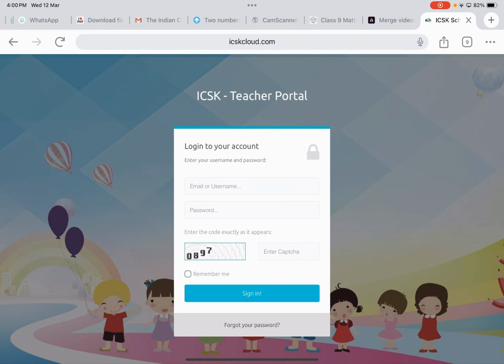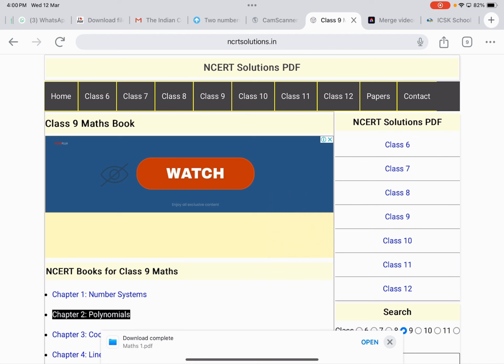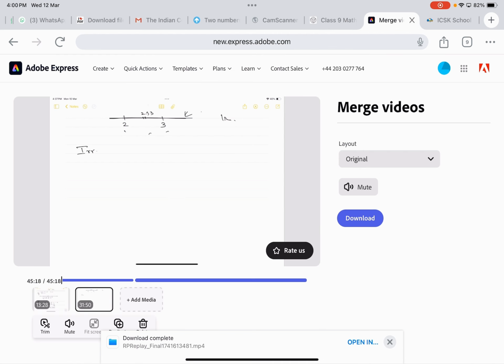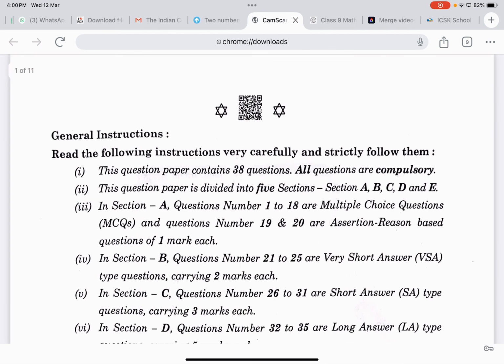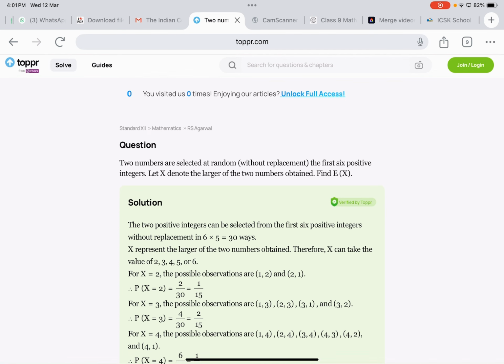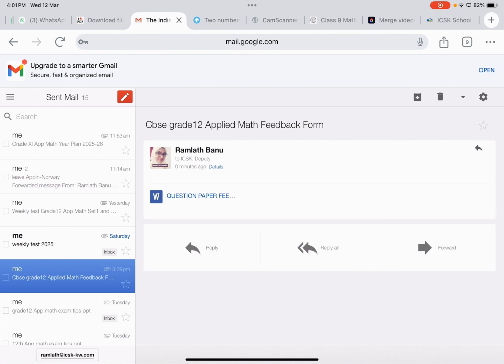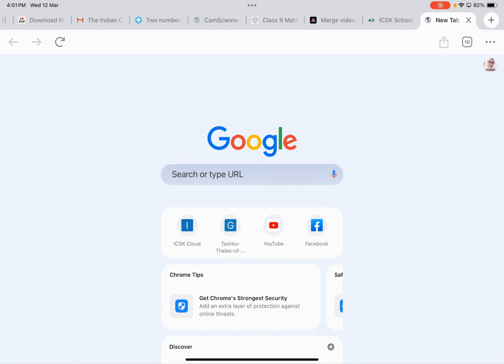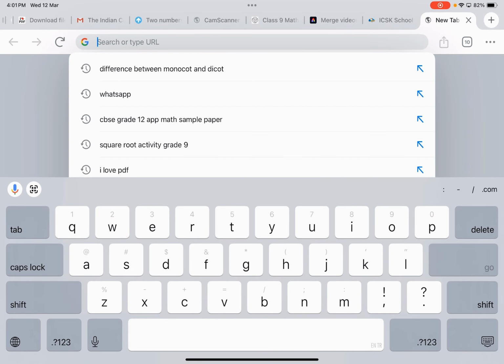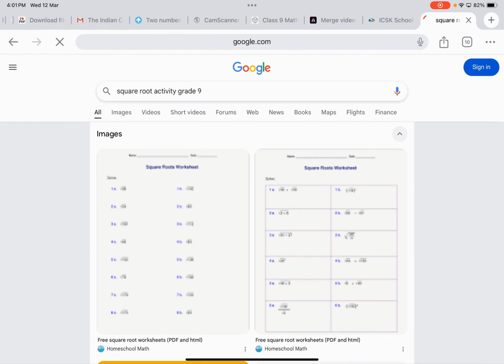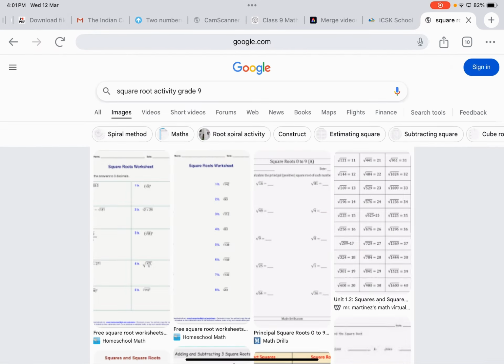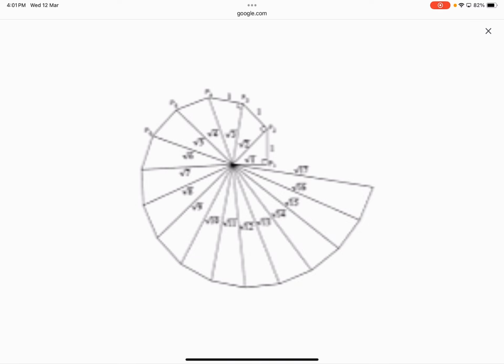Then you have to get the picture like this, finally.